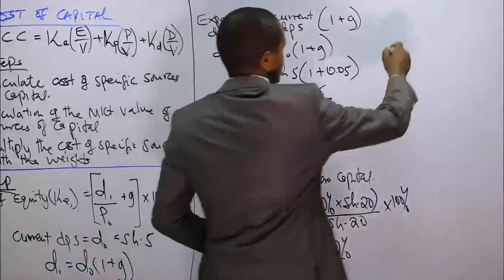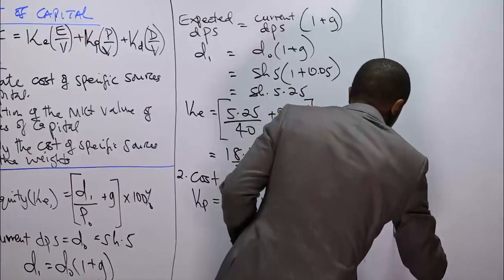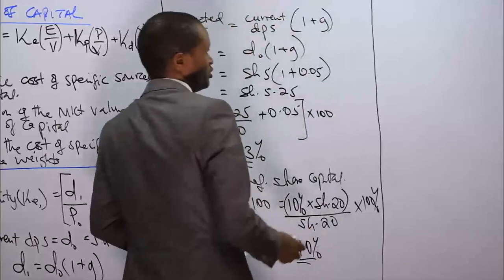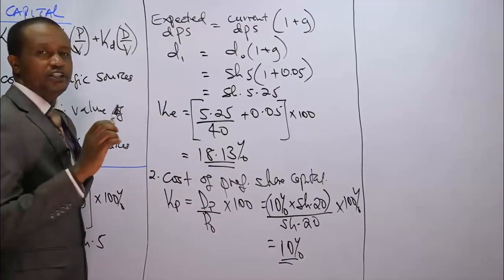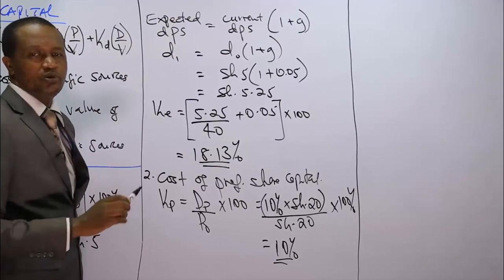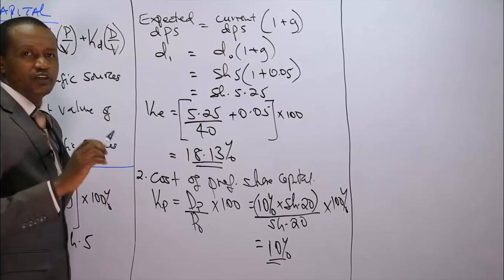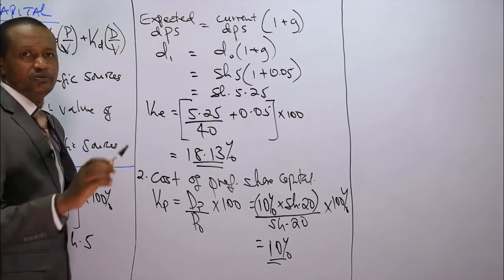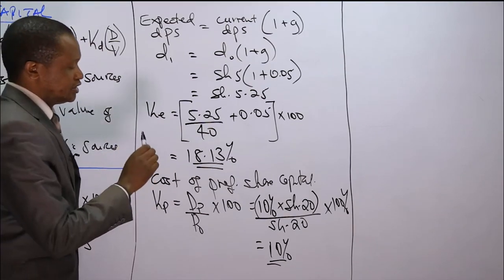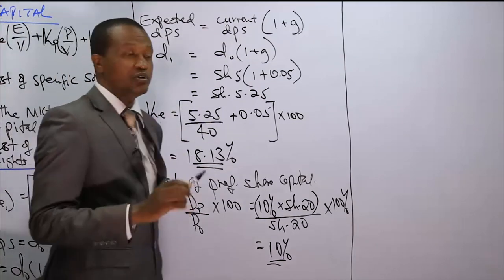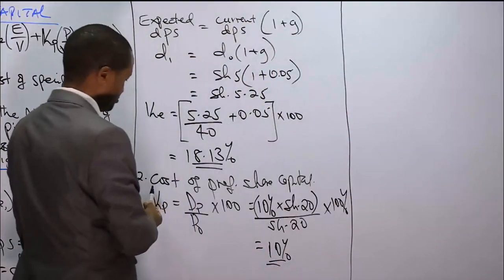So we know the formula for redeemable debentures. Before you go to the formula, you need first of all to check if the debenture is redeemable or irredeemable, because the formula for determination of the cost of redeemable debentures is different from the one for irredeemable debentures. In this question, these debentures are redeemable after 10 years.